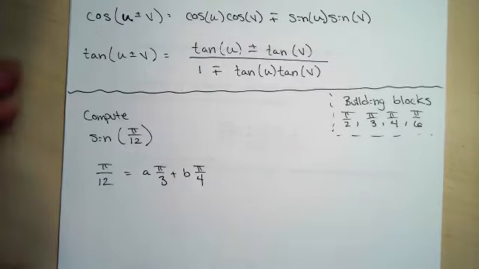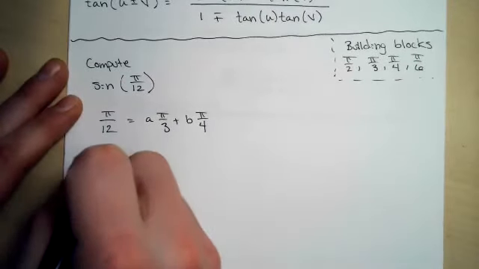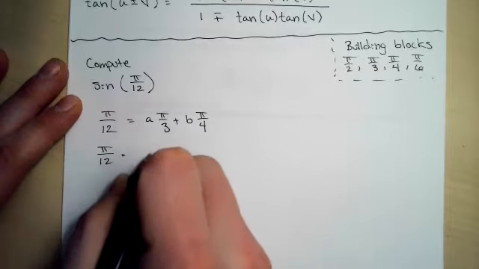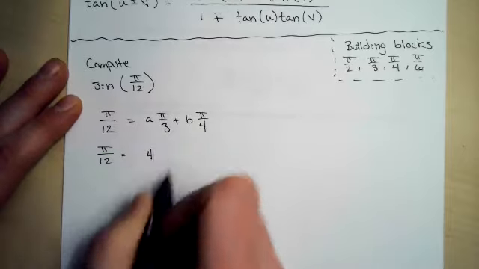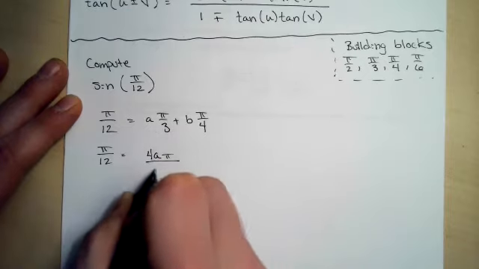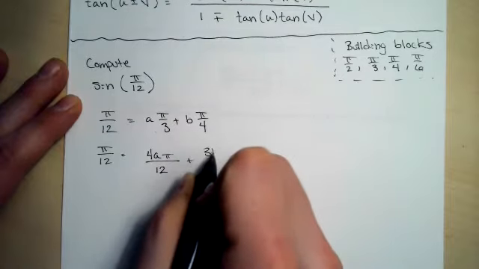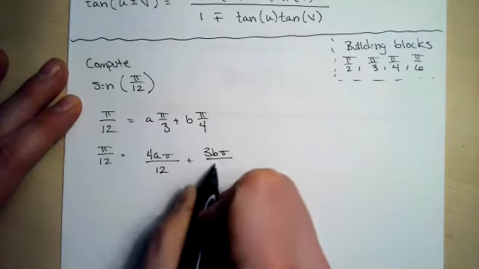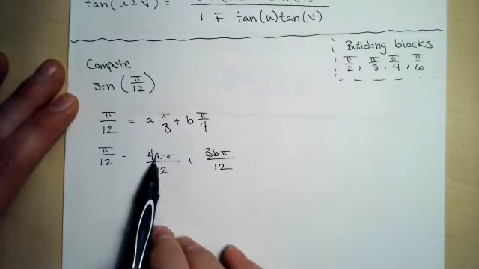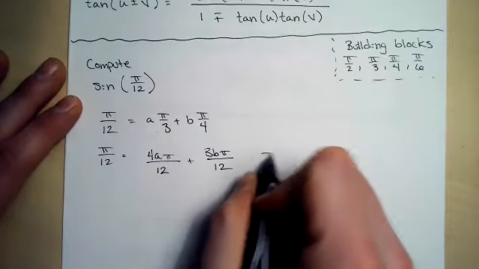Really what's going to happen in this process is if we tried to find a common denominator, we'd multiply this term by 4 over 4, this term by 3 over 3. Then if you look at the numerators, I'm going to have 4a plus 3b equals 1.